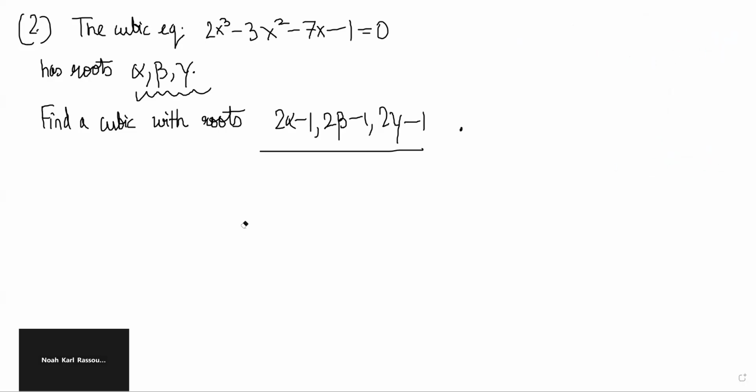Okay. So, you know the concept of transformation of equations? Like from a given quadratic with roots alpha, beta, you should be able to find a new quadratic with roots that are a transformed version of alpha, beta.